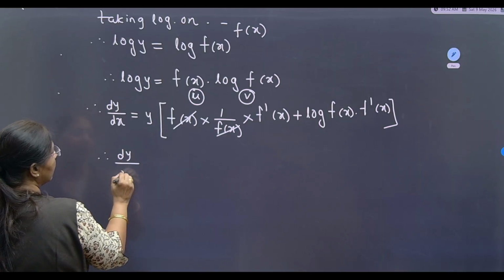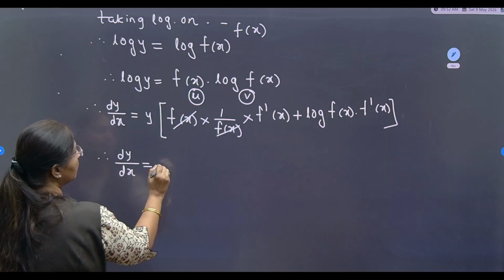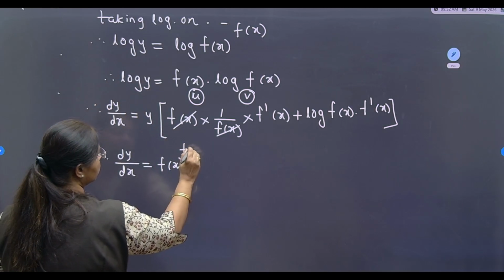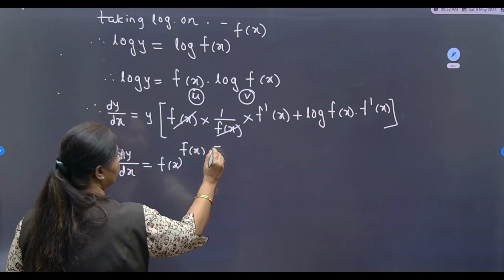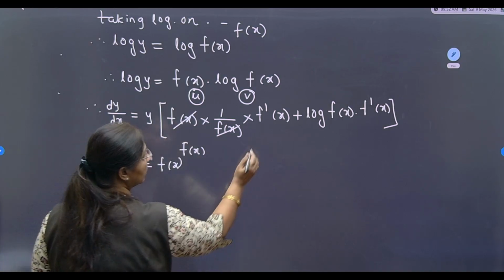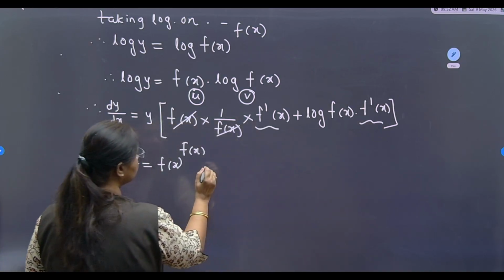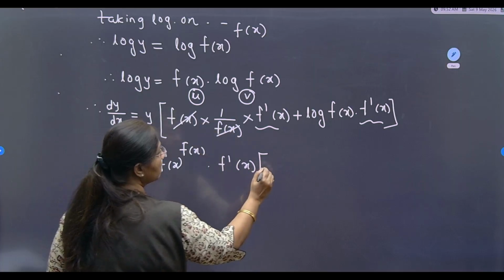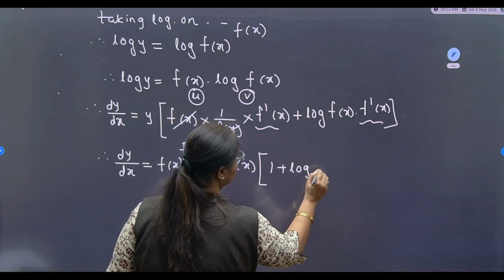Therefore dy upon dx is equal to y, that is function raised to function, f of x raised to f of x, and here common part f dash of x, taking common f dash of x in bracket 1 plus log of f of x.